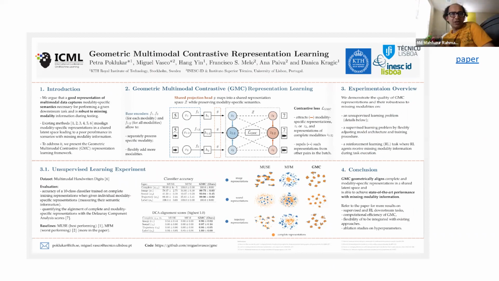Oh, okay. This one is geometric contrastive representation learning, and the main focus is multimodal contrastive representation learning. That means if we use multiple modalities, for example, here the image and the corresponding text, they can be treated separately in the embedding space.